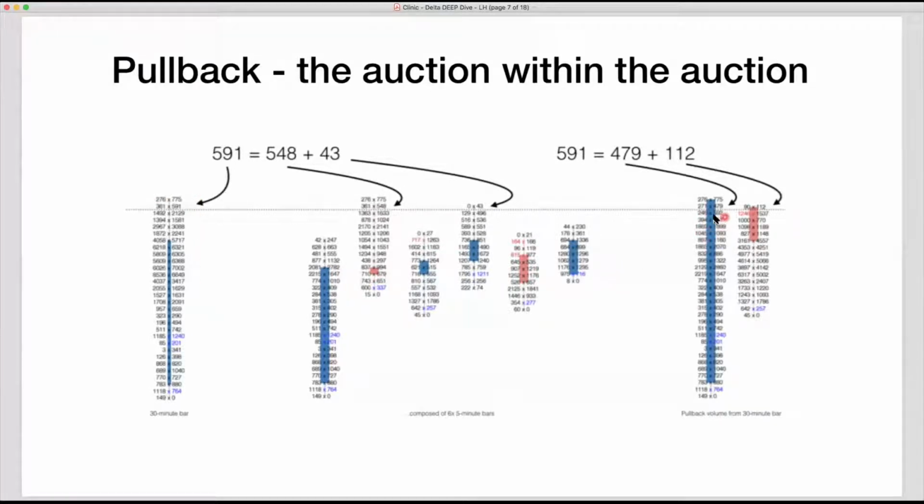And that volume here is the pullback. So here's our original 30-minute candle, and here's the volume that has traded on the way back down. That's the simple concept of pullback.